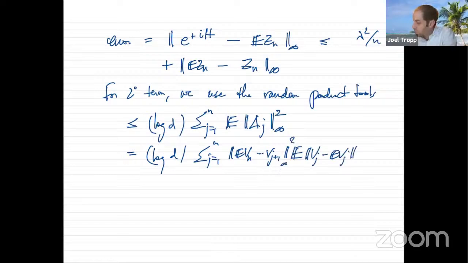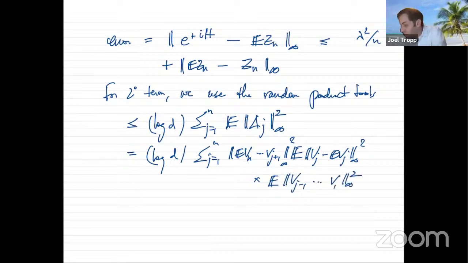Sorry, these should all be infinity norms squared. And then the last term is the expectation of V_{j-1} all the way down to V_1, infinity norms squared. All right, here's the punchline.